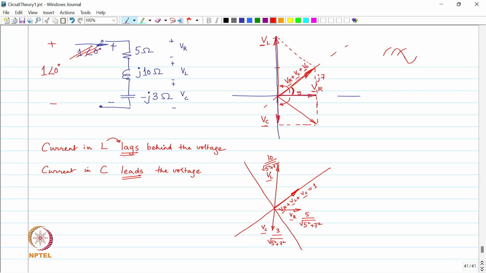Tan inverse of 7 by 5. This was tan inverse of 7 by 5. That was the angle over there, right. So, this angle is going to be preserved. So, the new VR is going to be equal to 5 by root over 5 squared plus 7 squared angle minus tan inverse of 7 by 5.